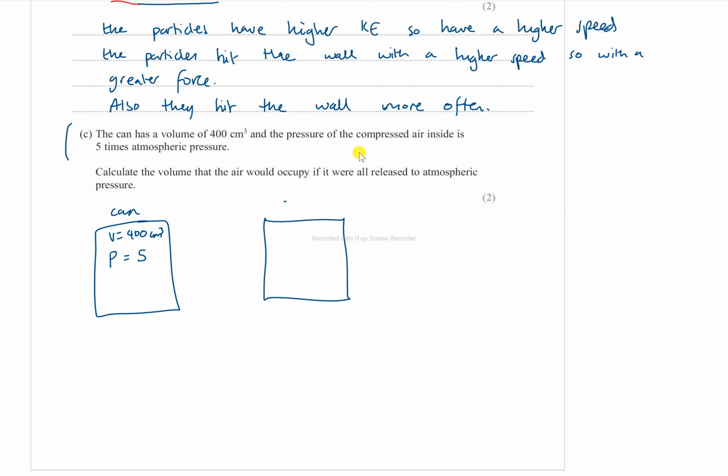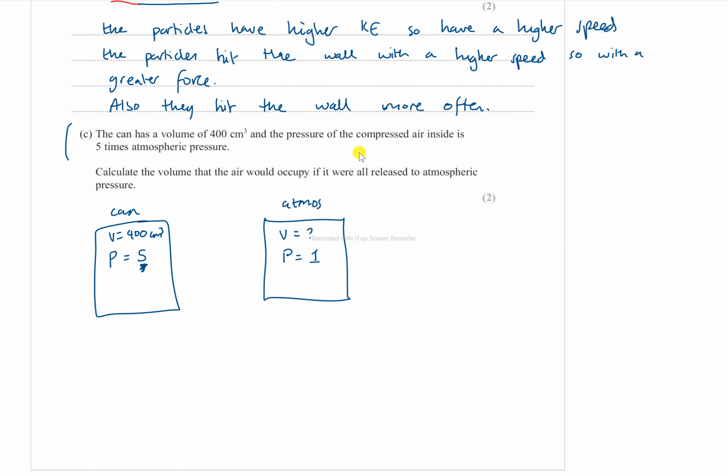When you leave it in the atmosphere, it's going to be 5 times bigger, because the pressure's 5. We want to work out the volume, and we know that the pressure is 1 atmosphere. It's gone from 5 to 1.